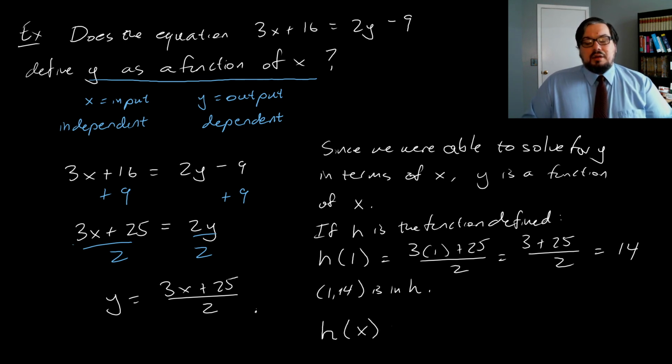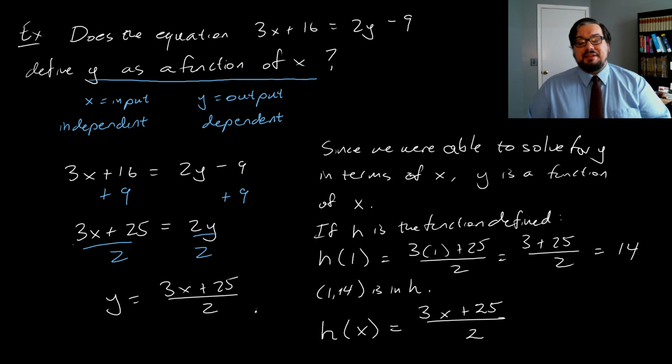Now, if we just wanted to define h, one of the ways that we could have done that to begin with would be to define the relation or the function using this formula. H of x is equal to 3x plus 25 over 2.